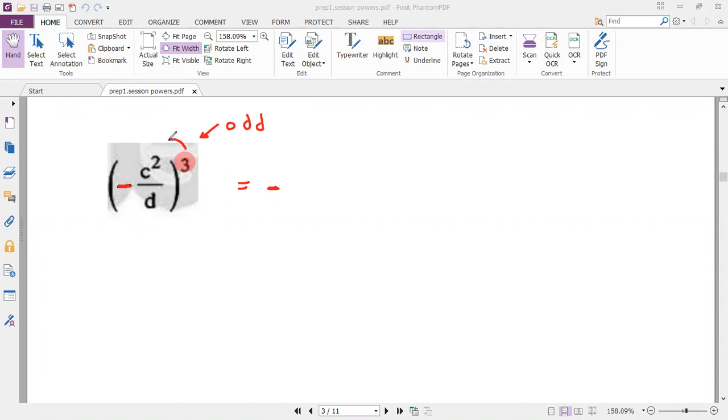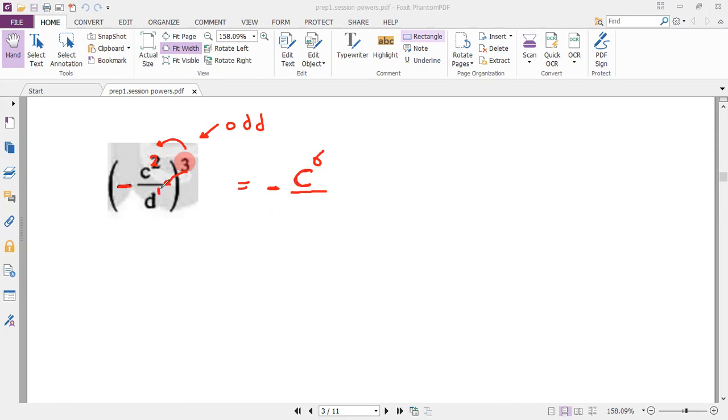And this power here is distributed on the top and on the bottom. So it's c, and the power here is 2, and the power here is 3. So multiply them. 2 multiplied by 3 is going to be 6, divided by d here is raised to the power of 1.